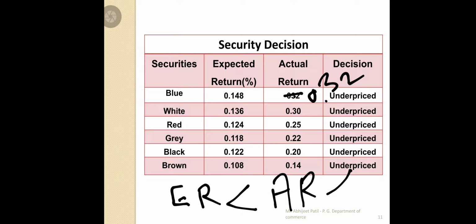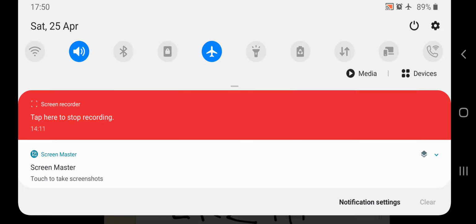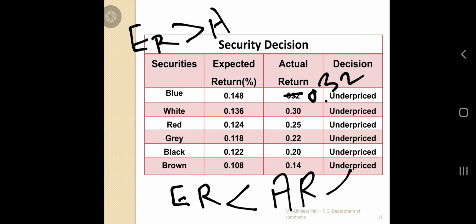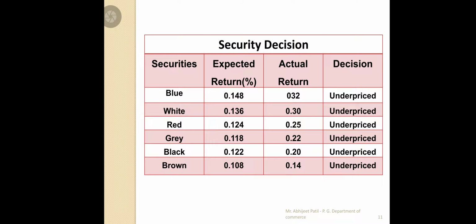And suppose expected return is more than your actual return, then you should write overpriced. So remember the rule: if it is less than actual return, underpriced; if it is more than actual return, overpriced. That is the rule to determine this.